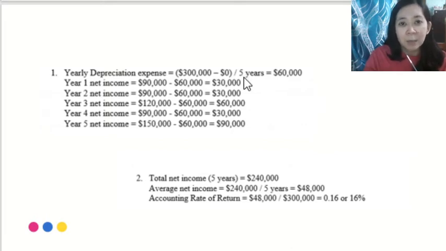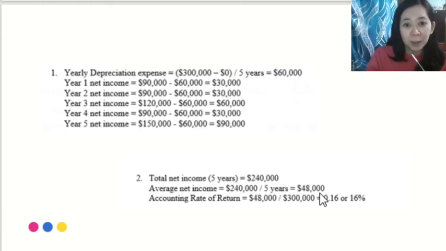For this investment, our yearly depreciation is $60,000. We deduct this amount from the net income received every year to get the operating income. To average that, we add all of this income and divide it by the number of years. Our average income is $48,000.